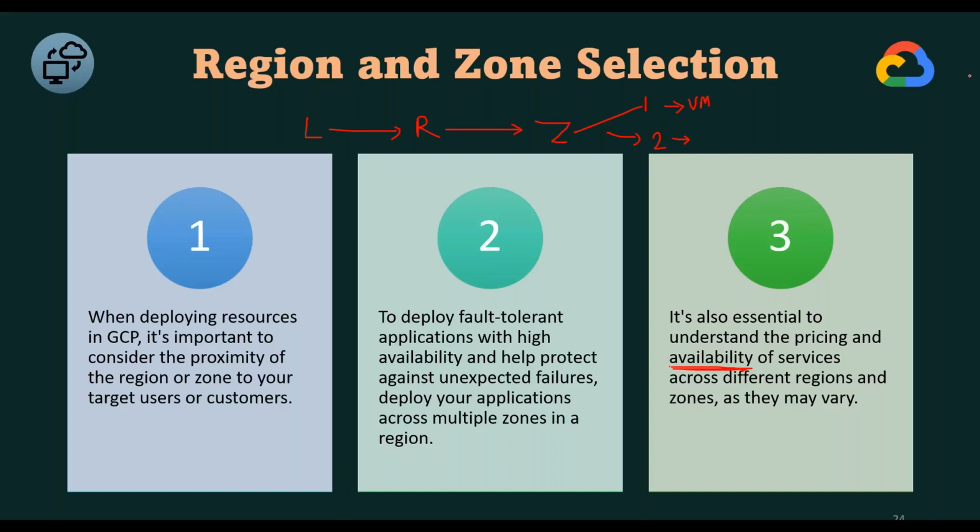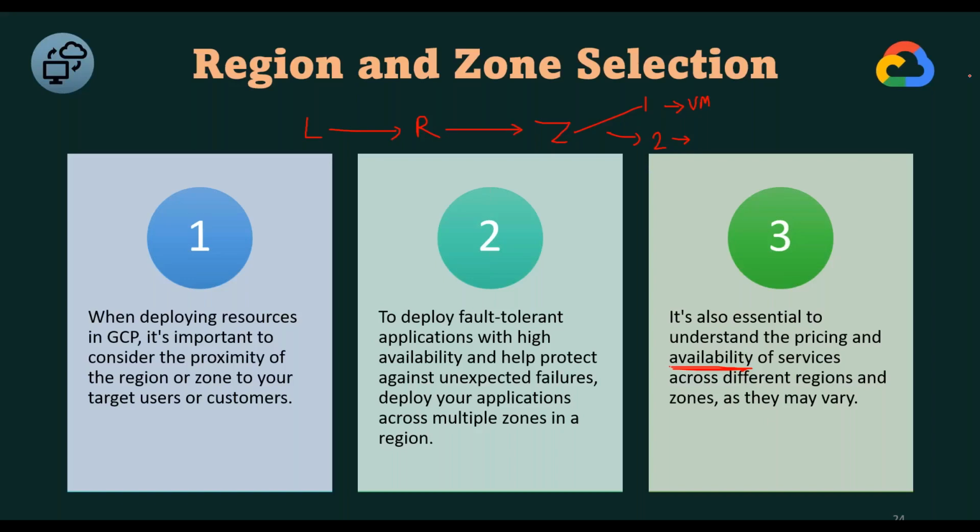So what are the three things that we have to remember while selecting the region and zone? The very first point is that whenever you are deploying your application, look at your customers and understand where your target customers are.